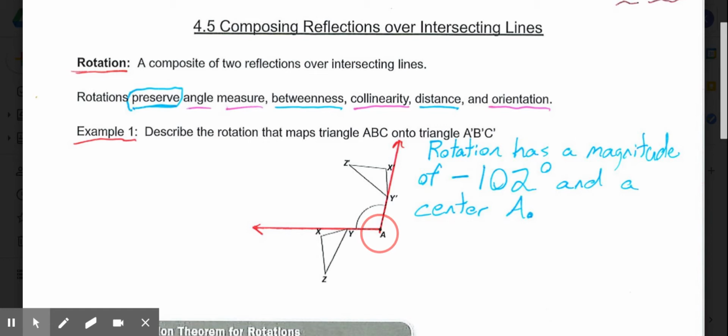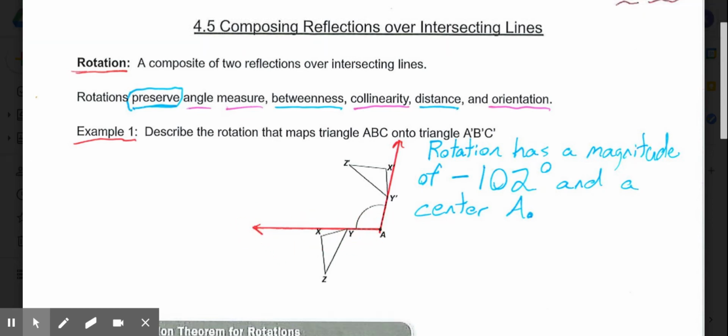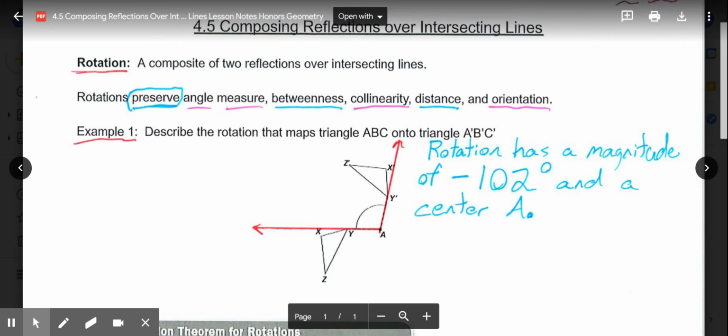So if we have point A here, what you want to do is draw segments if they're not provided, starting at A. So I'd draw rays, starting at A through one point and its corresponding point on the other figure. So if I go A through Y, then I have to go A through Y prime.